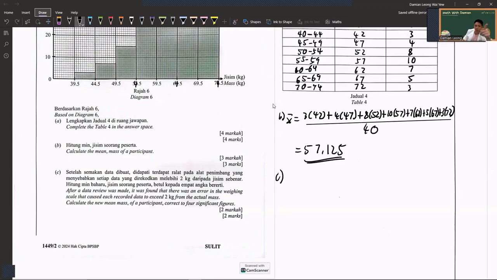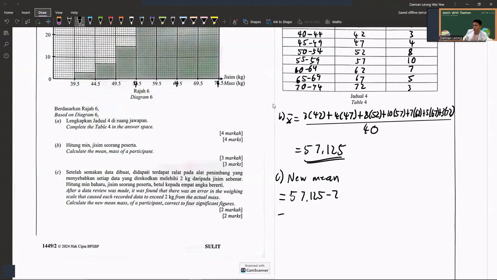So actually this one is very simple. If each data we plus by a value or minus a value, the mean will change in the exact same way. Means it will also plus 2 or minus 2. In this case, minus 2. So means the old mean, 57.125 minus 2.